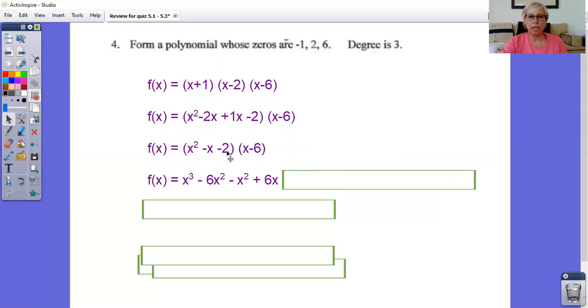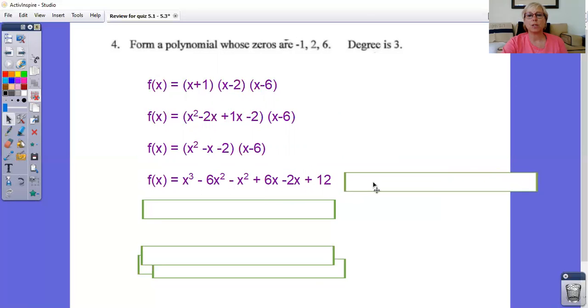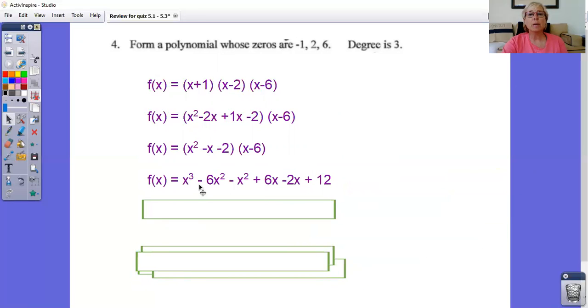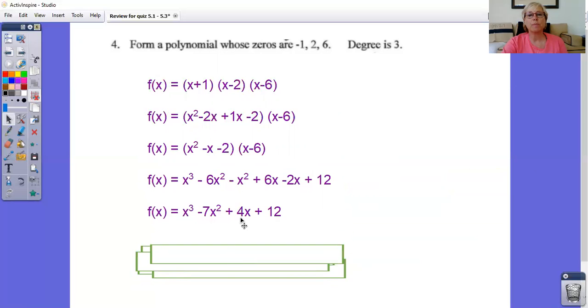I'll move on to the -2. So the -2 times x and -2 times the -6. And I'm just going to group my like terms right here, my x squared term and my linear terms, and there's my final answer. So this first step is pretty easy, but be very, very careful when you're doing all of your multiplication.